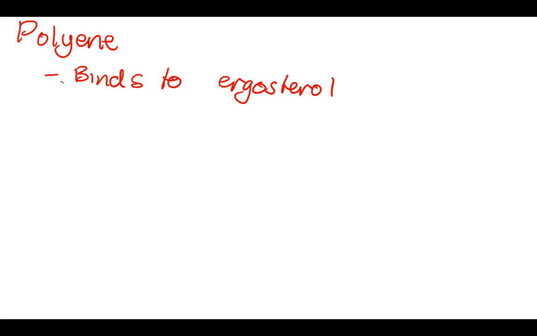What do you need to know about the polyenes? Well, the main one we use systemically is called amphotericin, and as you would expect, it's quite toxic, because it can also weakly inhibit cholesterol, so we have to be careful of it. It comes in various formulations, and there are 3 available in the UK at present.